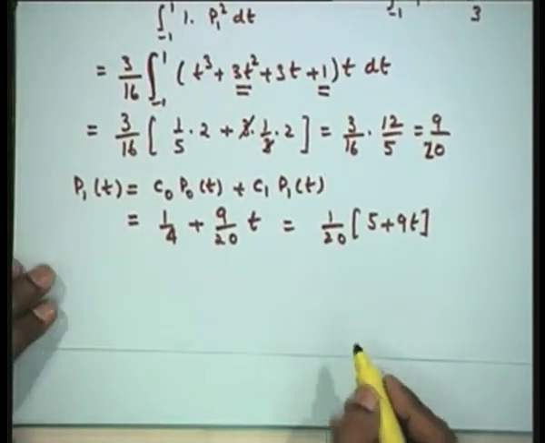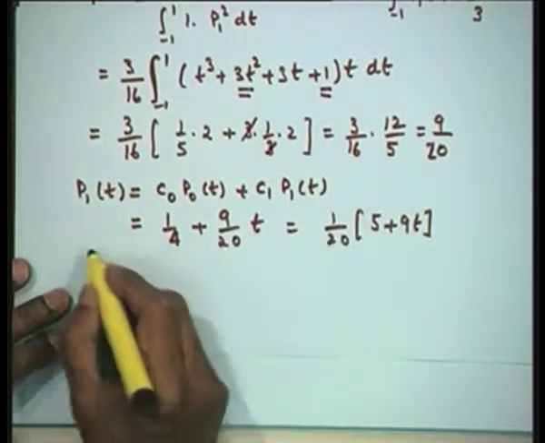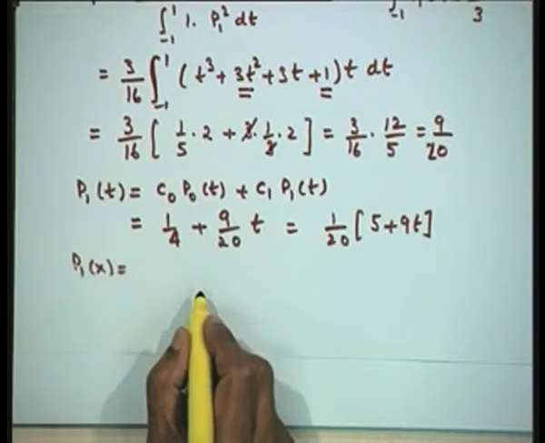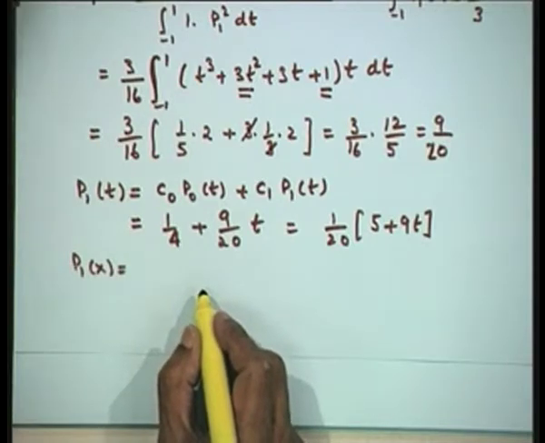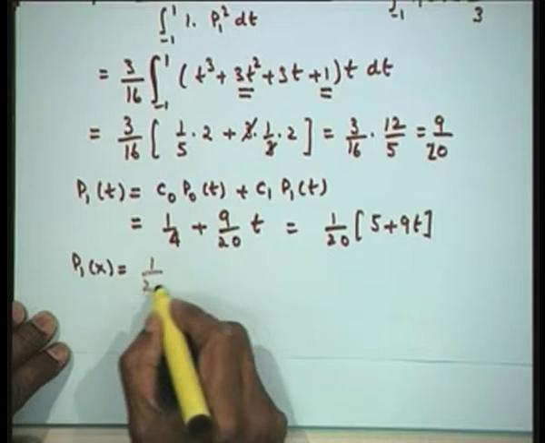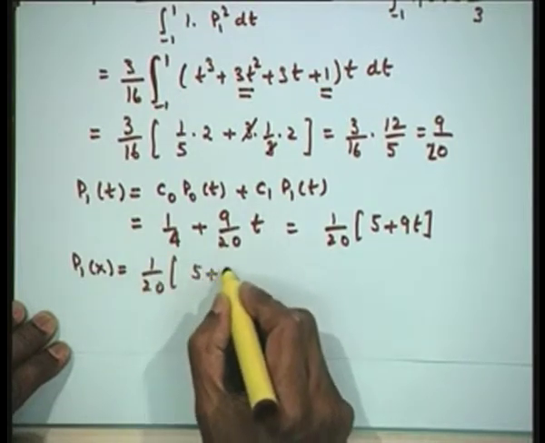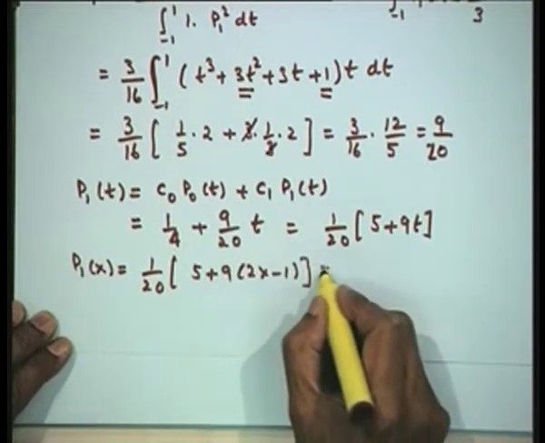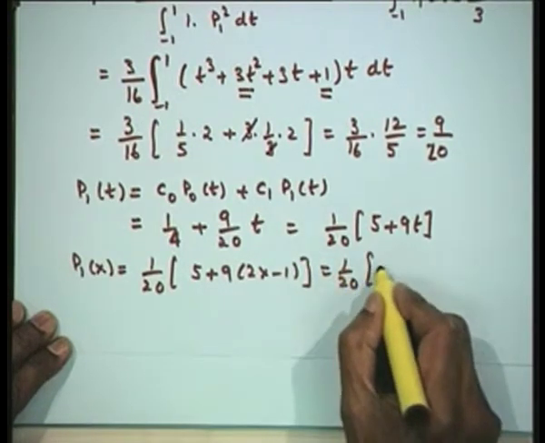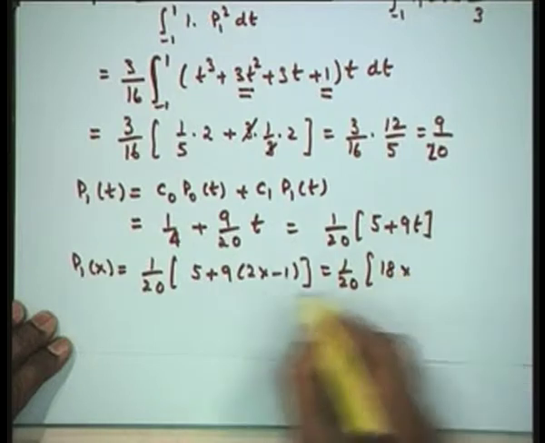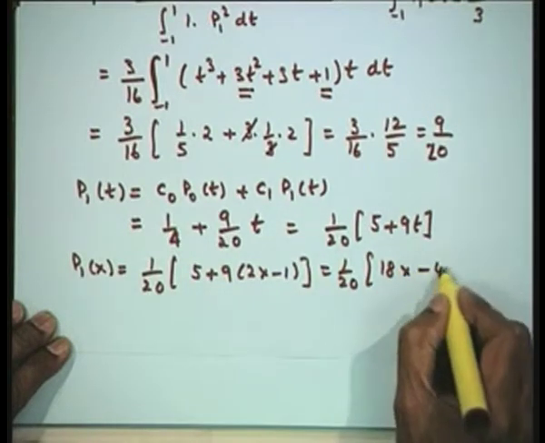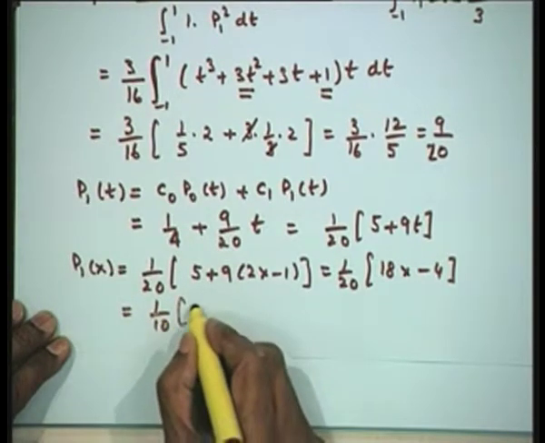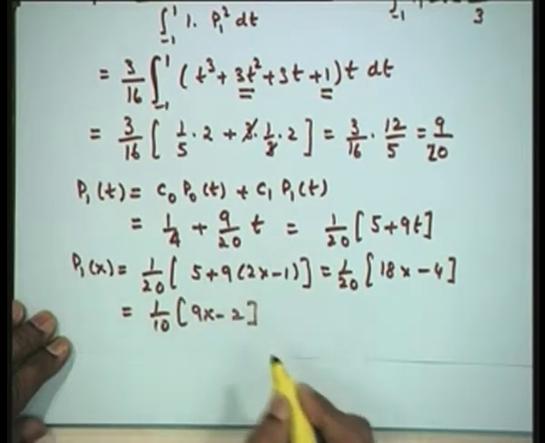Now, I can go back and find out what it is in terms of x also. So, I can substitute the value of t, which we have written as 2x minus 1. So, 5 plus 9 into 2x minus 1. So, this is equal to 1 by 20, that is 18x, this is minus 9. So, I will have minus 4. So, I will have here 1 by 10 into 9x minus 2.